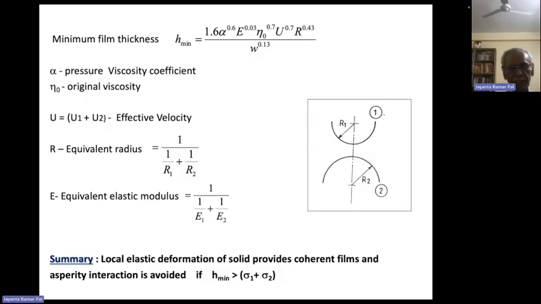So this is a very important point to remember, and this we got from the research carried out by Dowson and Higginson much earlier, possibly in 1950s.